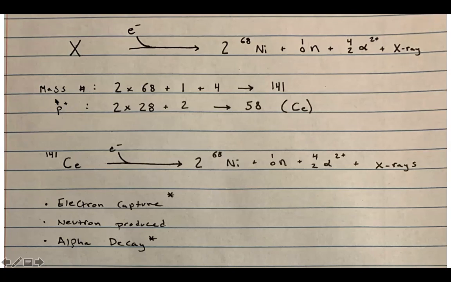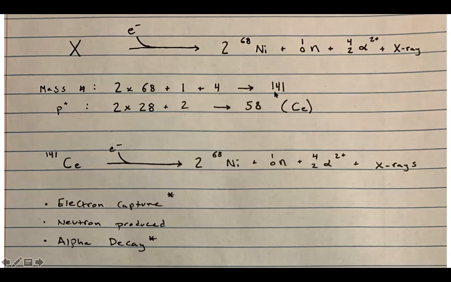Okay, and so I'm going to find how many of these we have on our product side, right? Because we know everything about our product side, but we know relatively nothing about our reactant side. To find the total mass number of the product side, I did 2 times 68 because we have 2 nickel atoms or nuclei, each with a mass number of 68, plus a mass number of 1 from our neutron, plus a mass number of 4 from our alpha particle, for a total mass number of 141.